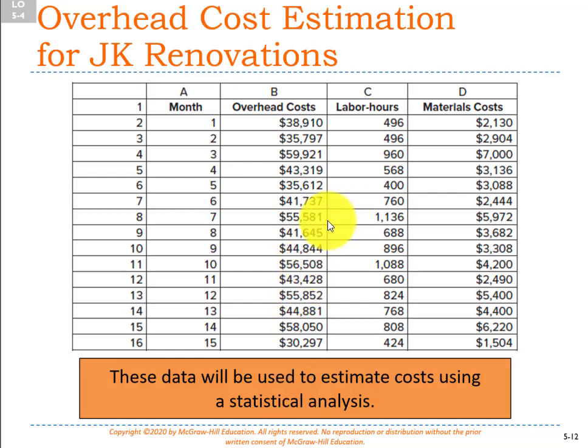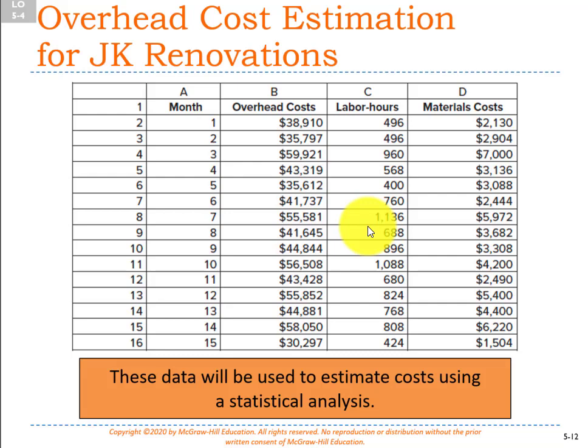And our overhead costs, and we have labor hours, we have machine costs, and we've identified that for 15 months. Now, most of the time we want more data than that, but this will at least illustrate what we're talking about. All right? And so then, the key thing is, our theory is that labor hours determine how much overhead costs we have.